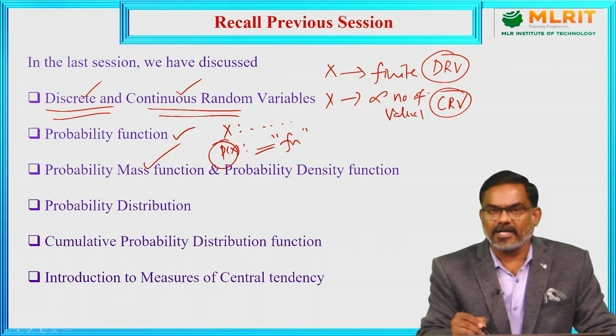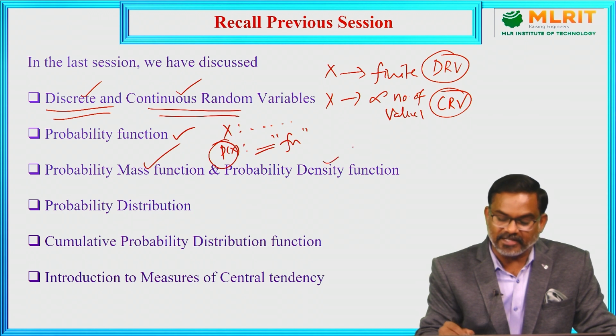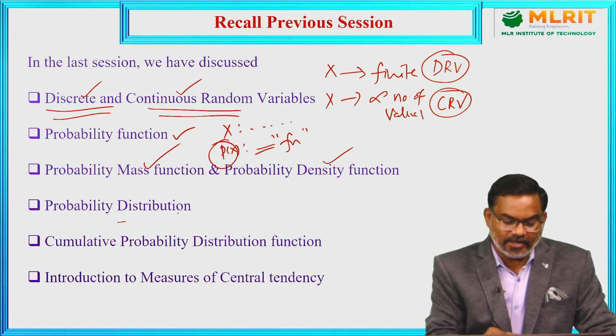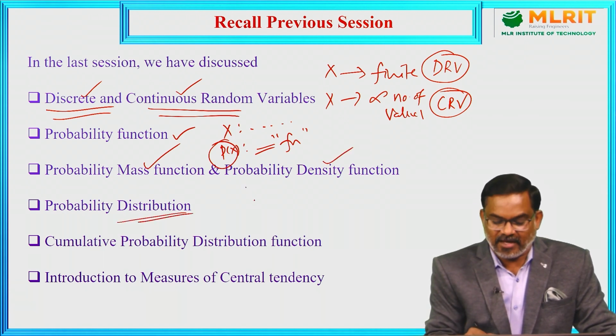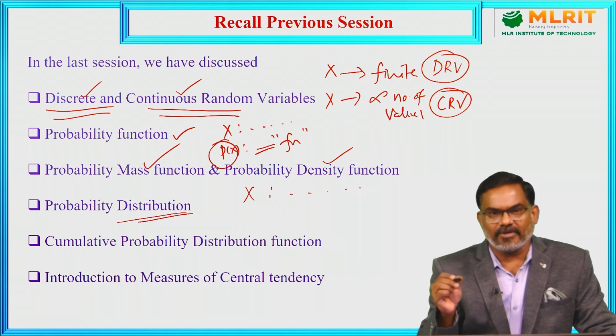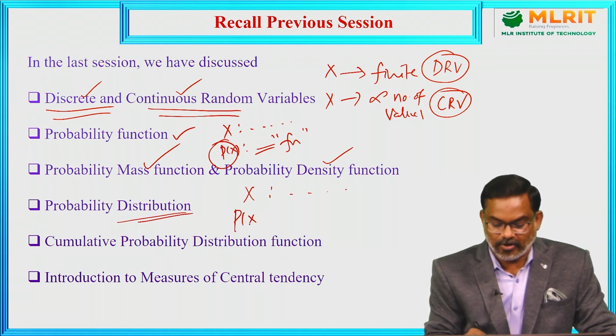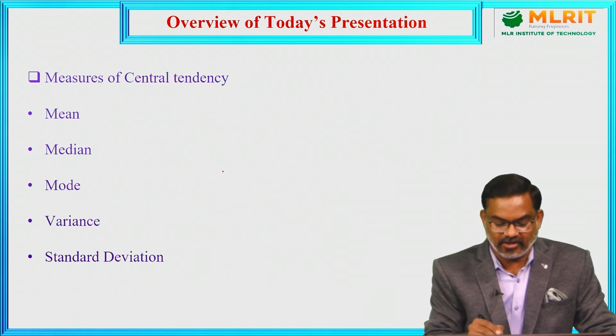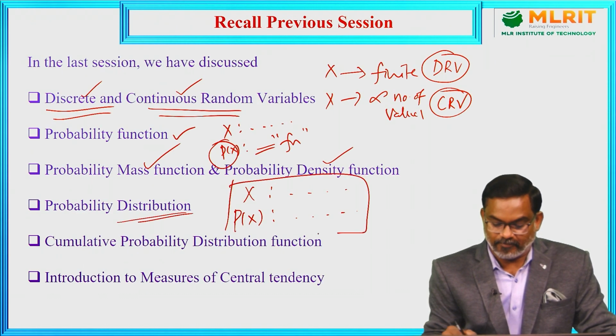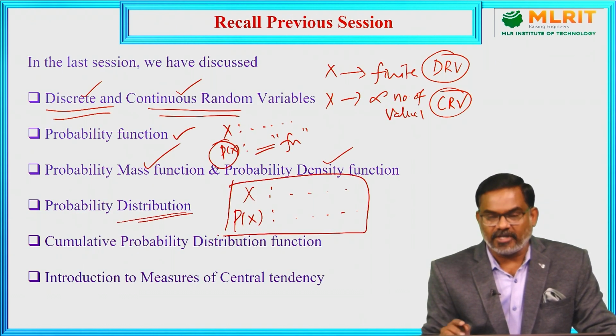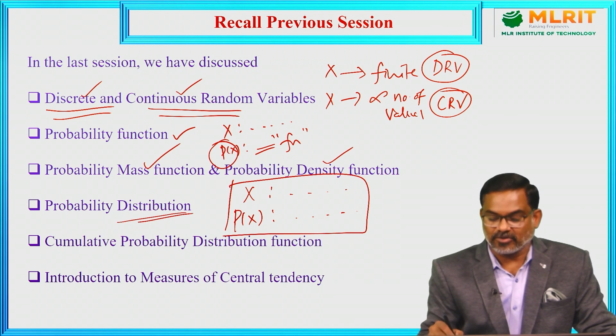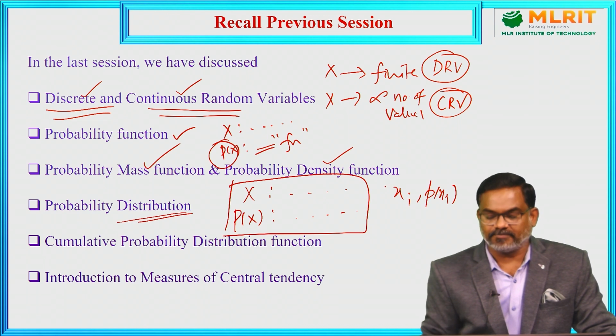For a continuous random variable, it is called the probability density function. And the probability distribution is simply finding the values of the random variable capital X and the corresponding probabilities and arranging them in the form of a table, that is, the set of values xi and the corresponding probabilities P of xi.